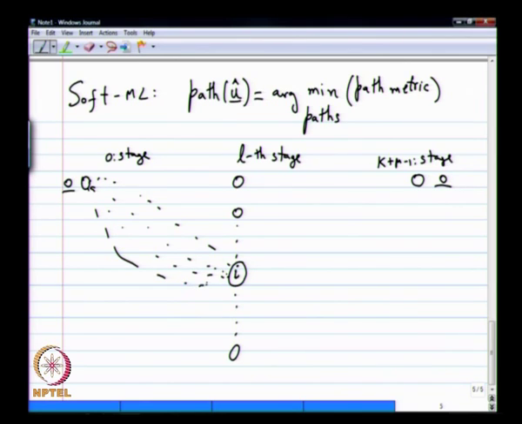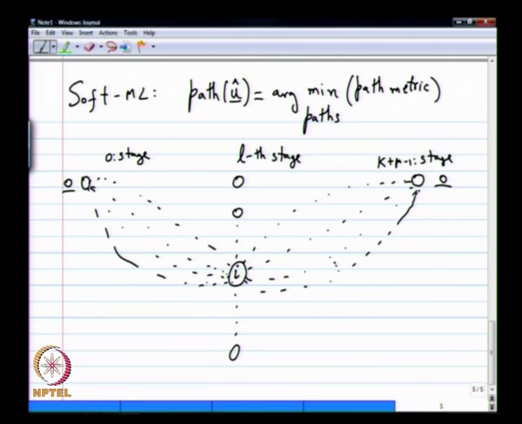And once again from state I to the all 0 state, there will be a lot of paths. I am just drawing a representative sample of some paths, but there will be lots of them.